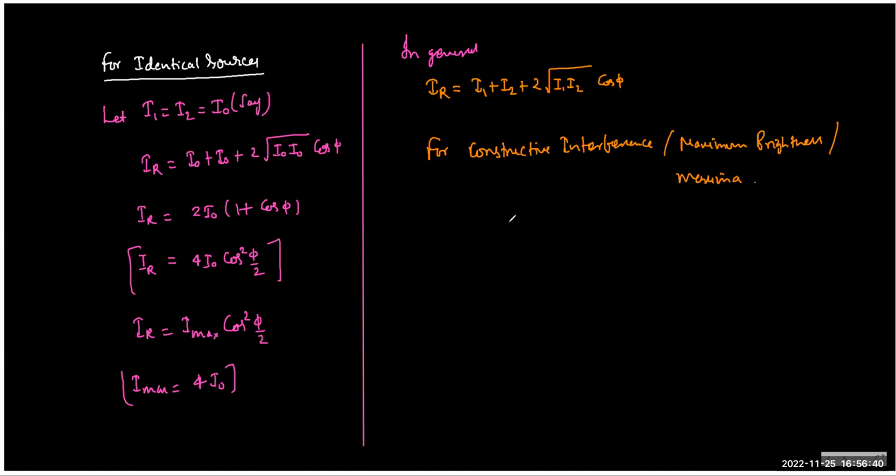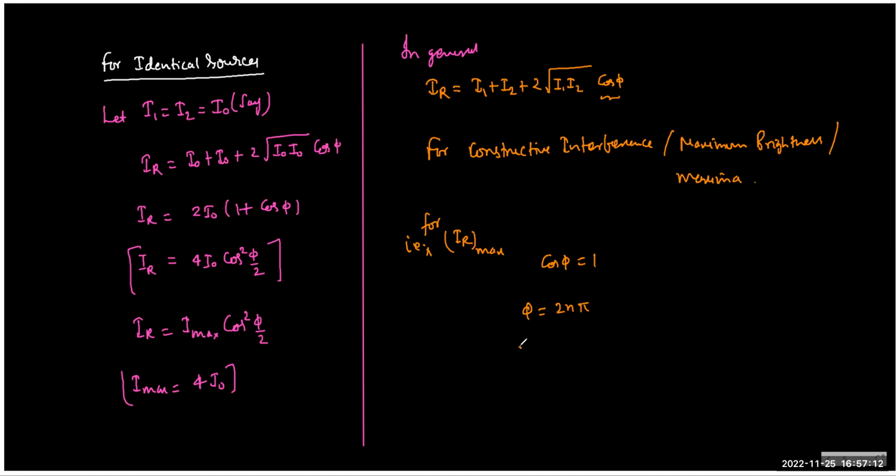So for all these conditions to be met, which means when the intensity becomes maximum, for IR max, IR will be maximum only when this term is 1, correct? Yes, sir. And cos of an angle is 1 when the angle is either 0 or a multiple of 2 pi.